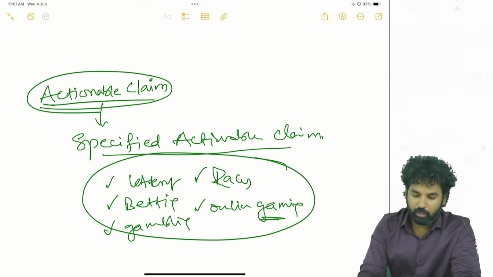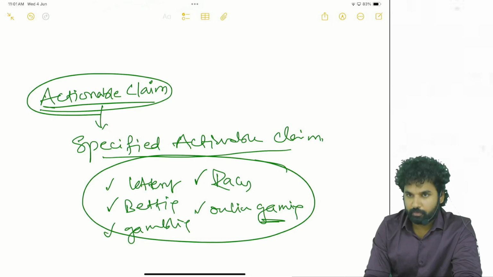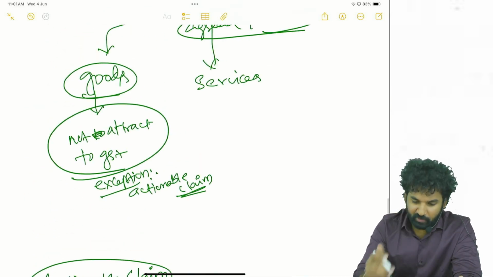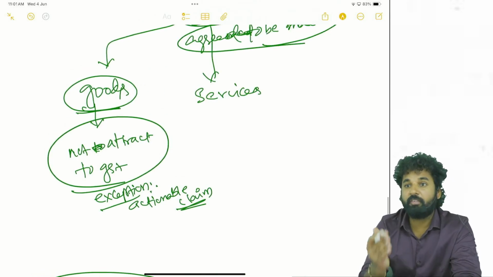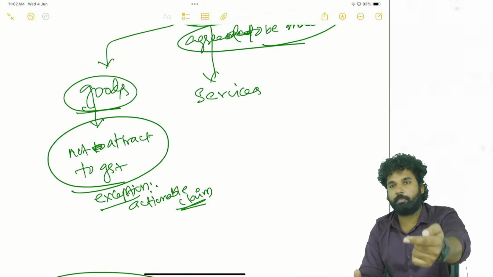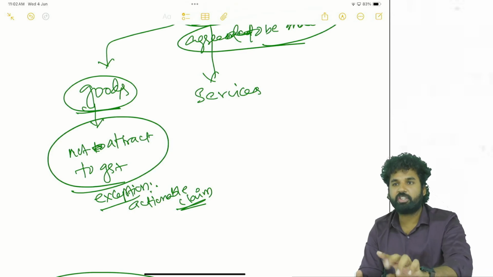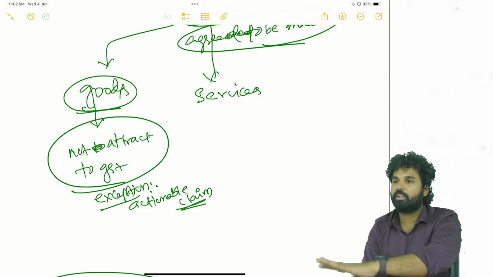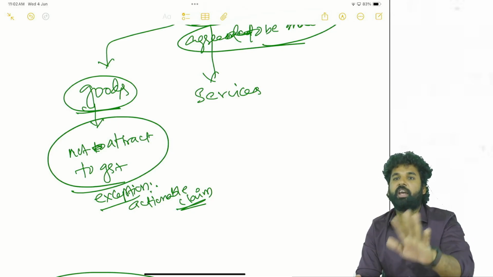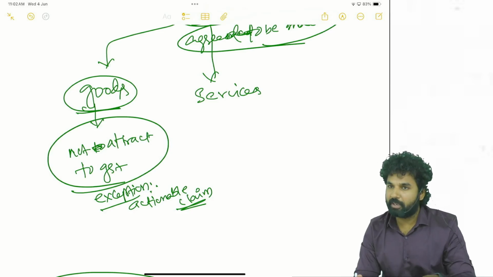See, whenever it is a case of goods and you have taken advance for a future supply, GST will not be attracted at that point, except if it is a case of specified actionable claim.